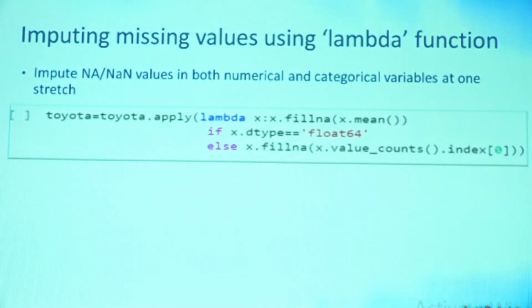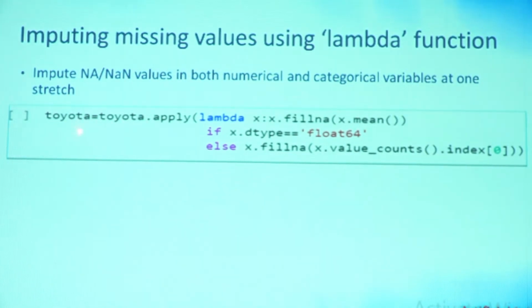If I use the data frame, I'll apply a lambda function and give two conditions. If my data type is float, I will fill the null values with the mean of that column. If it is categorical, then I'll fill it with value counts dot index.